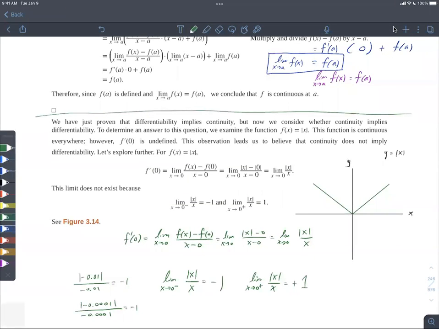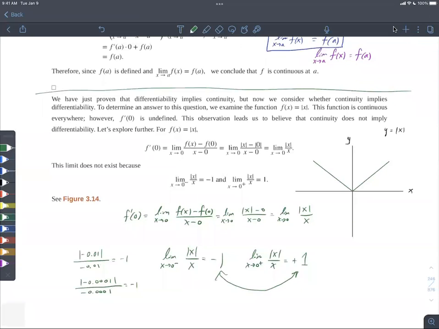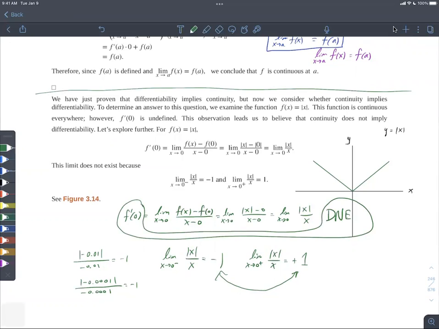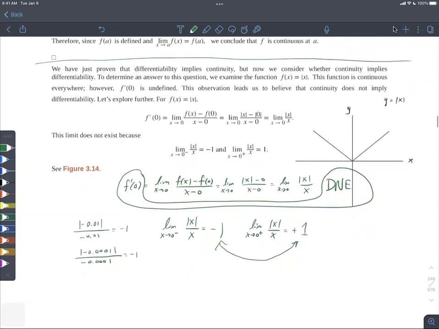And since the limit from the left and the limit from the right do not agree, the double-sided limit here does not exist. And therefore f prime of 0, the derivative of this function at x equals 0, does not exist, even though this function is continuous at x equals 0.